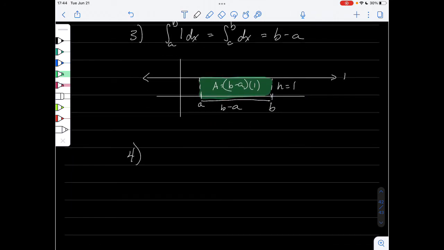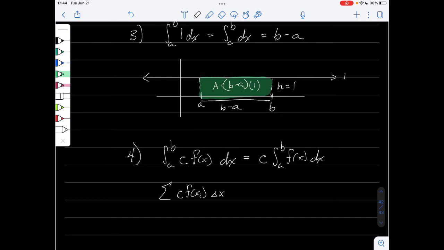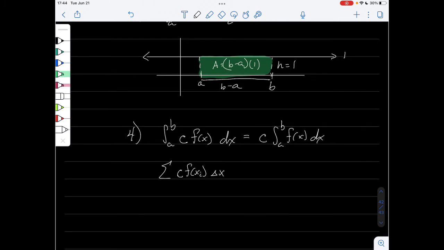Okay. So our fourth property here is that the integral from a to b of c times a function is going to be c times the integral of that function. Okay, and this comes from the definition using the sum. So the left-hand side is going to be the sum of c f of x sub i delta x, from 1 to n.